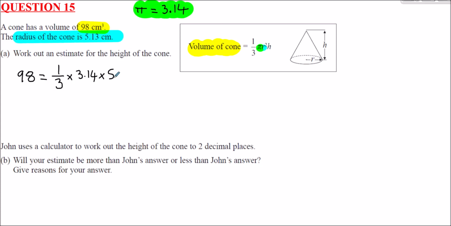So we times that by 5.13 squared, and then times by the height. Now, because we're doing an estimate, we're going to round all this. So, if in doubt, we can take these numbers which we're not confident with and round to one significant figure.